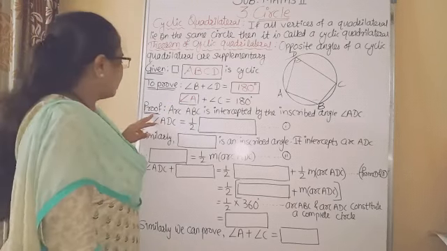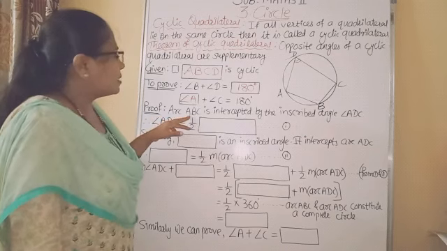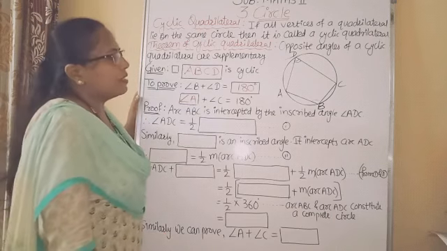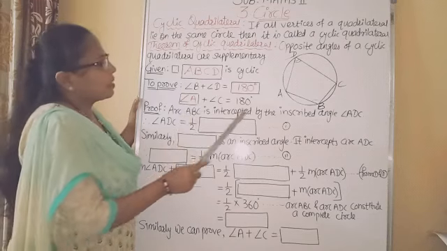Okay. Now prove. First statement. Arc ABC is intercepted by the inscribed angle, angle ADC. Now observe the figure.